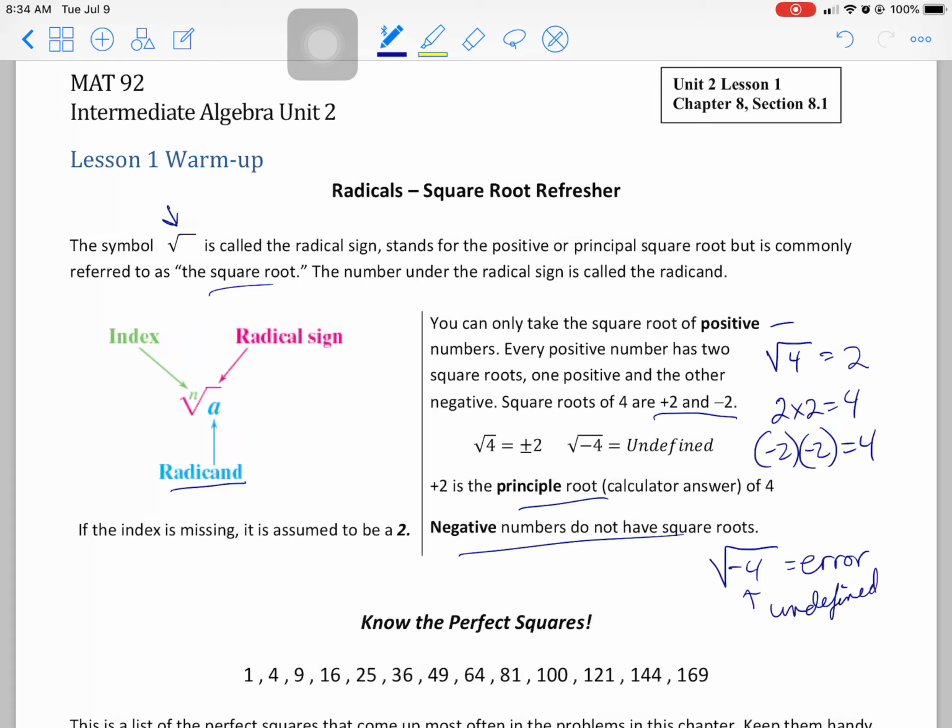When we get to lesson 7 of this unit, we're going to show there is kind of one there, but it's not a real number, it's an imaginary number. So right now, for our purposes, let's consider it undefined. Okay?